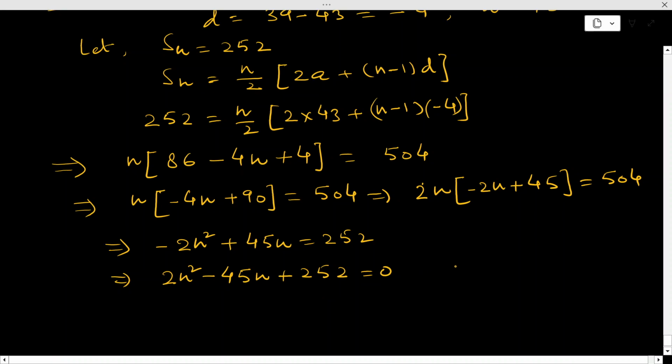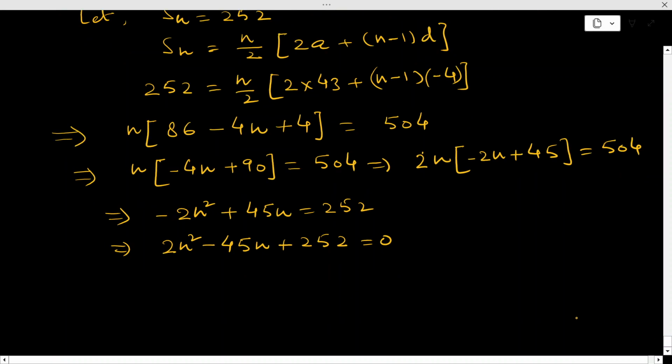So now this is a quadratic equation, and we know that a quadratic equation has two roots, means we will get two values of n.